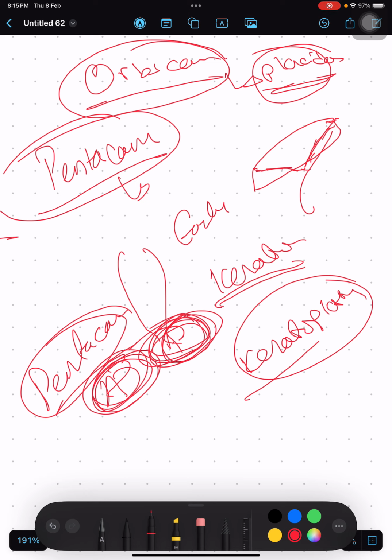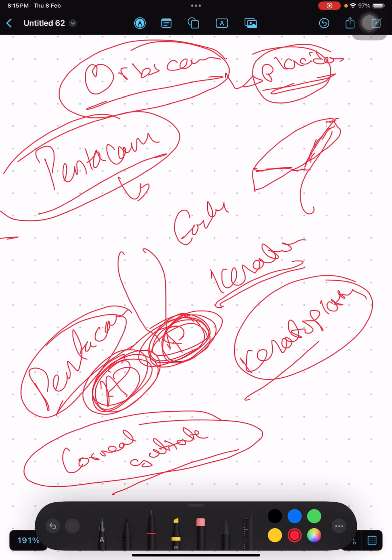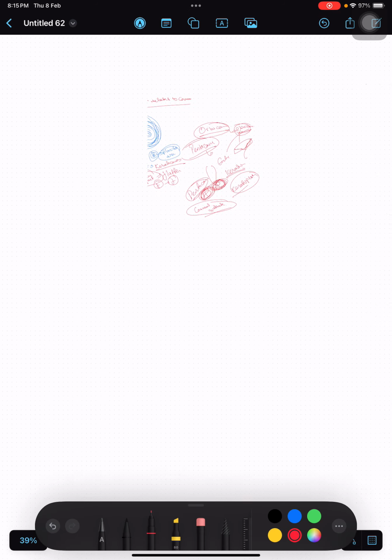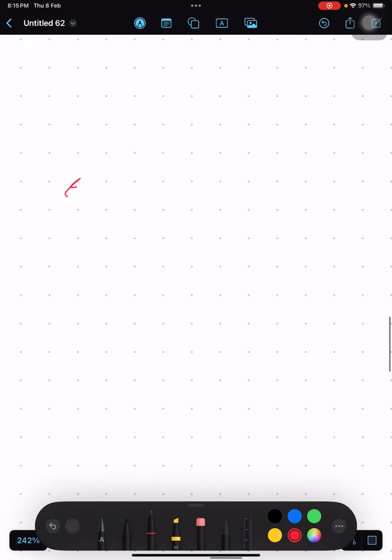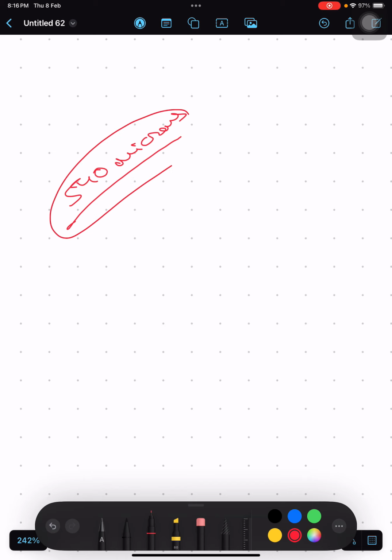You can also look into corneal guttae with the help of this pentacam. Okay, this word I'll write, corneal guttae. We'll learn more about corneal guttae whenever we talk about endothelial dysfunctions. Now, if you need to measure the thickness of the cornea, what is the normal thickness? 540 microns is the normal average thickness of the cornea.